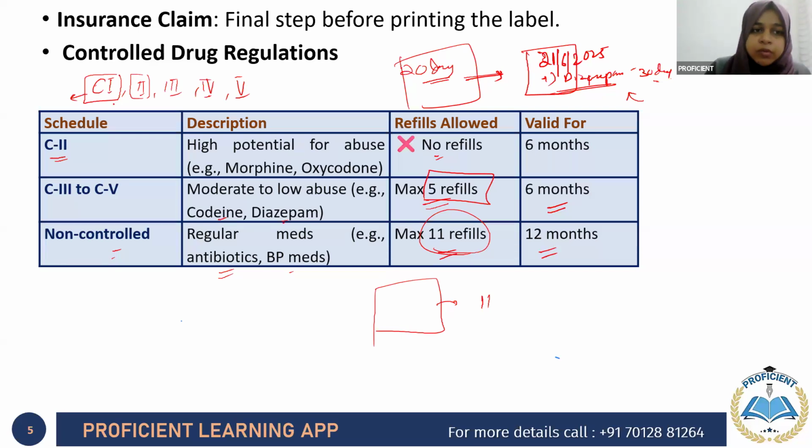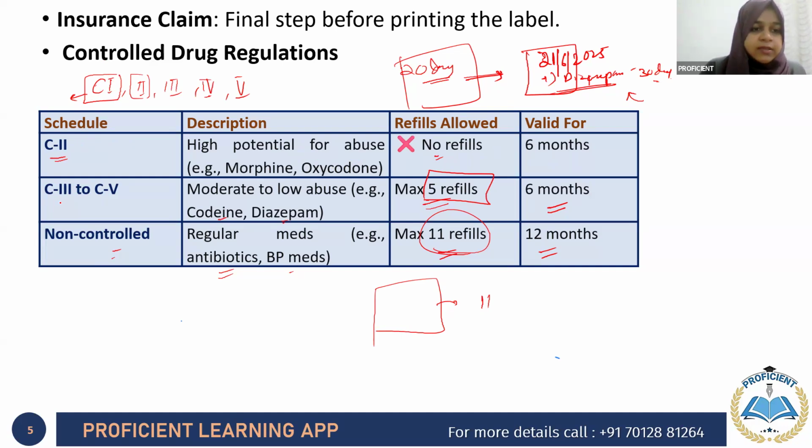So you have schedule one, which is not prescribed or dispensed, as it is not used clinically. These are highly abusive drugs. Then you have schedule two, with high abuse potential but clinically used, like morphine and oxycodone. No refills are allowed, and the prescription is valid for 6 months.